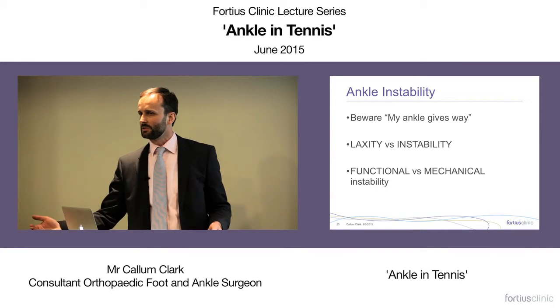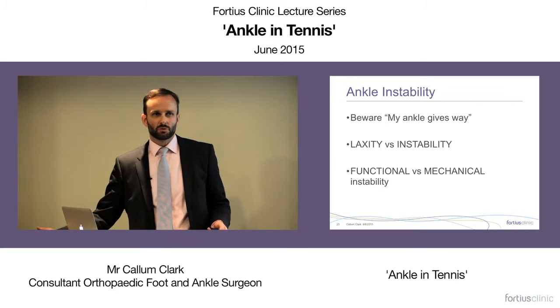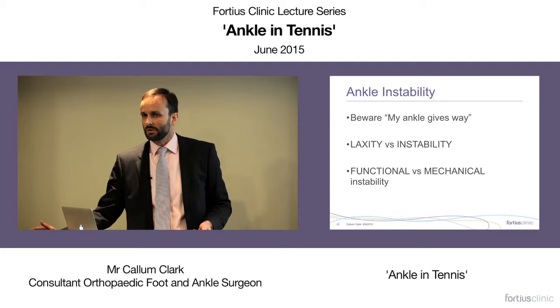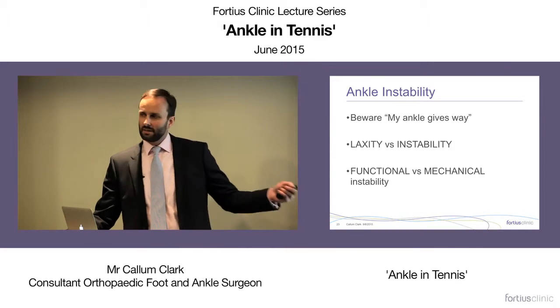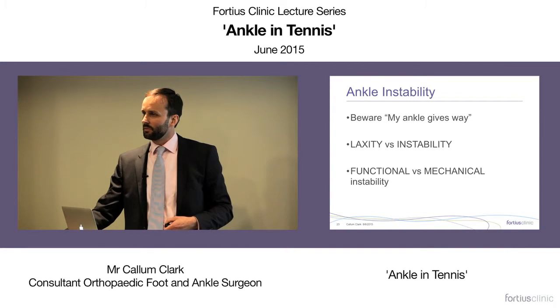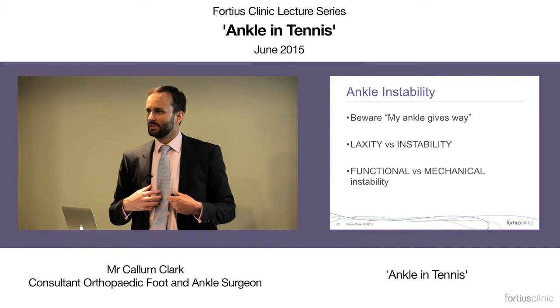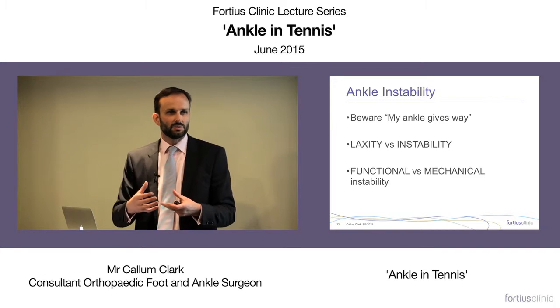Okay, we call that functional instability. So there can be a number of causes of that. The most common one is peroneal muscle, poor neuromuscular control. Mechanical instability is when the patient's ankle is giving way and the ligaments are lax. Okay, so that's where we're really interested because there's loose pieces of rope that we can potentially tighten up.